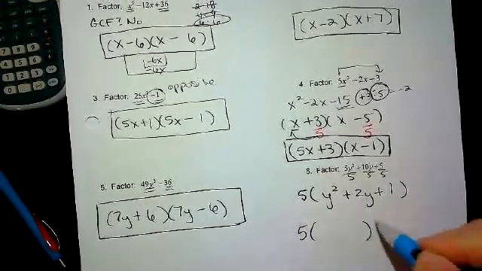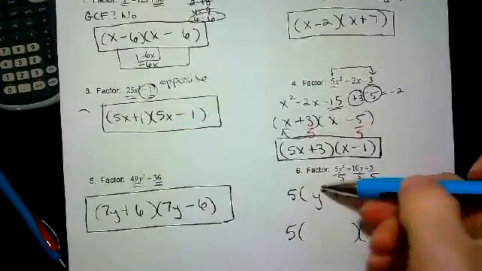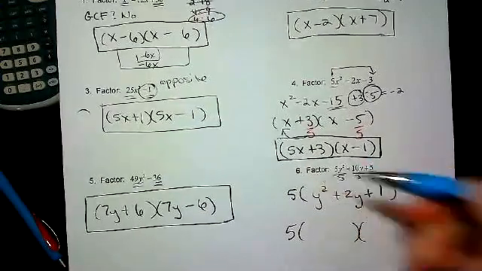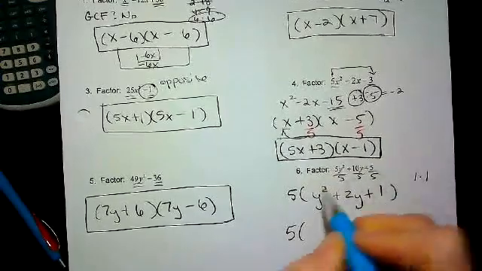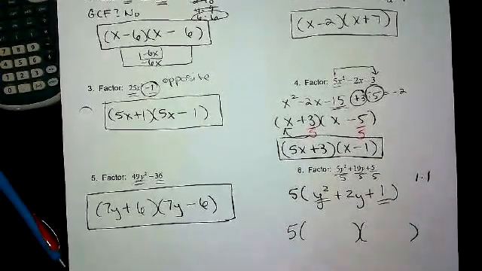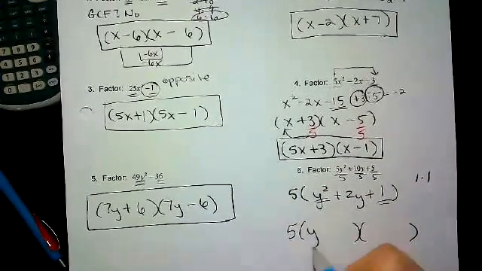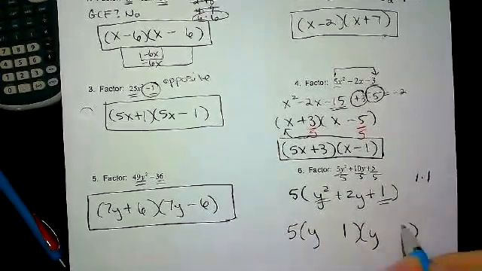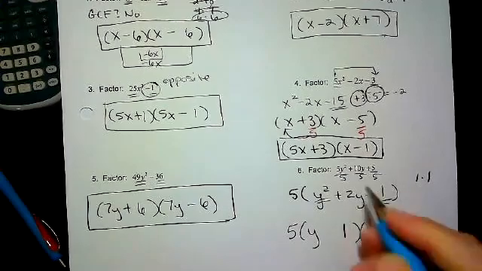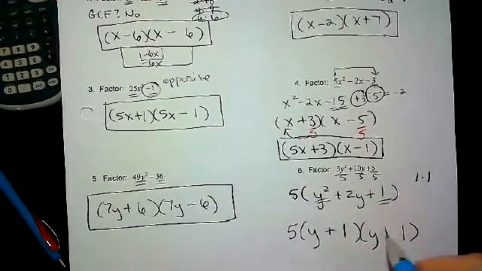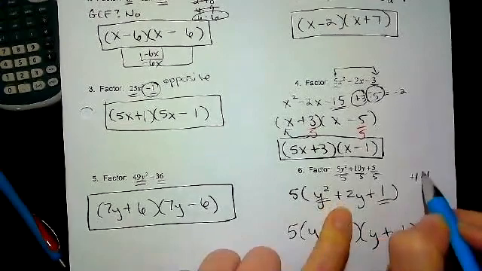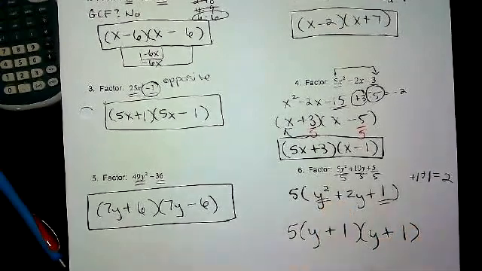So we have 5, and I'm going to open my 2 parentheses. Since there's not a number in front of my y squared, I could think product sum, or really this is actually a difference of 2 squares. They're just really small, right? Y times itself makes y squared. 1 times itself makes 1. And if I use 2 plus signs, we could add those ones together, even if we thought of that as product sum method, to make the 2, right?